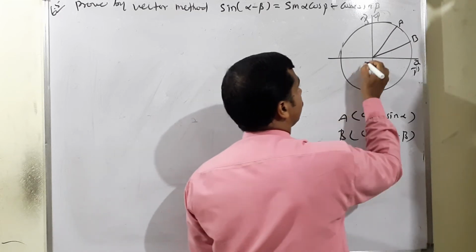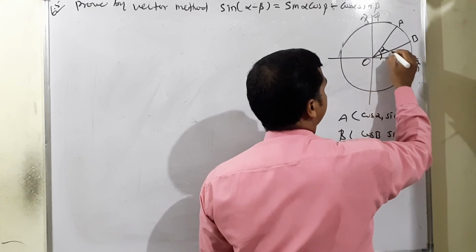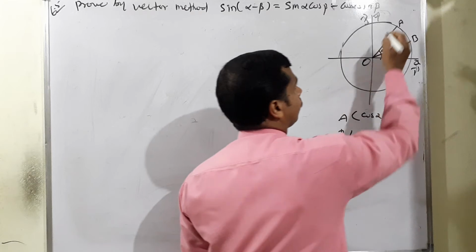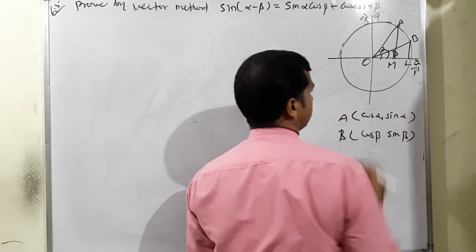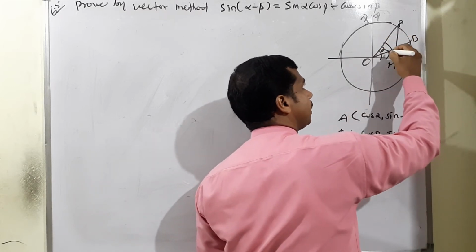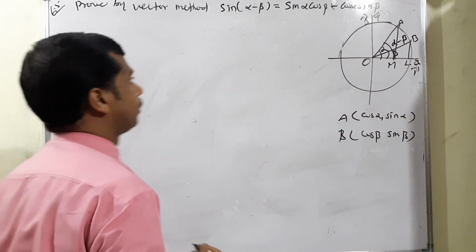Now the origin point O; this angle is alpha, this is beta. Then if you join the points, this is M, this is L. Then the angle between A and B is alpha minus beta. Okay, one of the important terms.